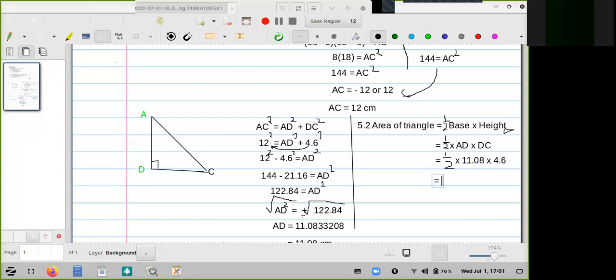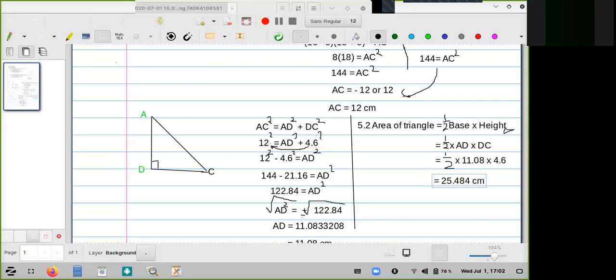Our area is 25.484 centimeter. Since it is area, we multiplied two dimensions.